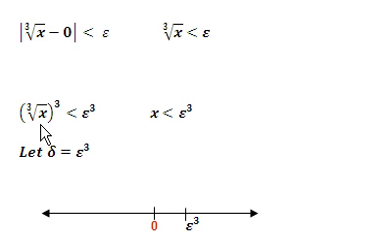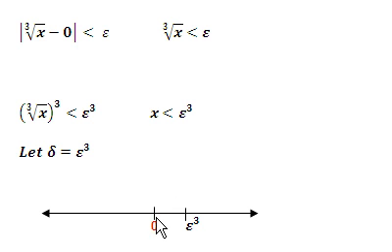But anyway, to find the solution here, we cube both sides. It gets rid of this cube root, and so then we're left with x is less than epsilon cubed. Okay, so this is our delta.